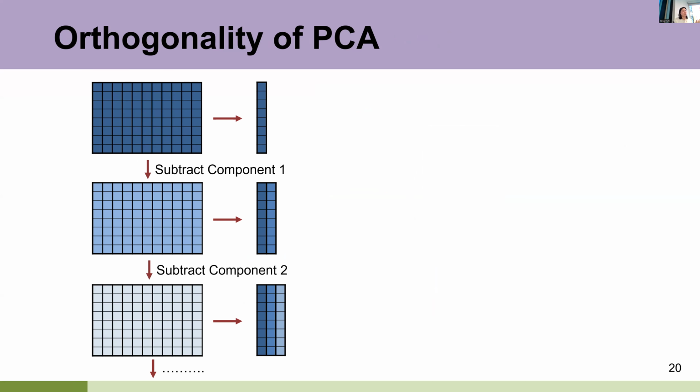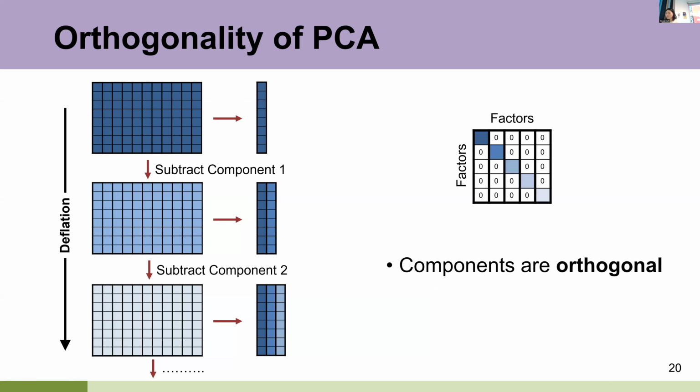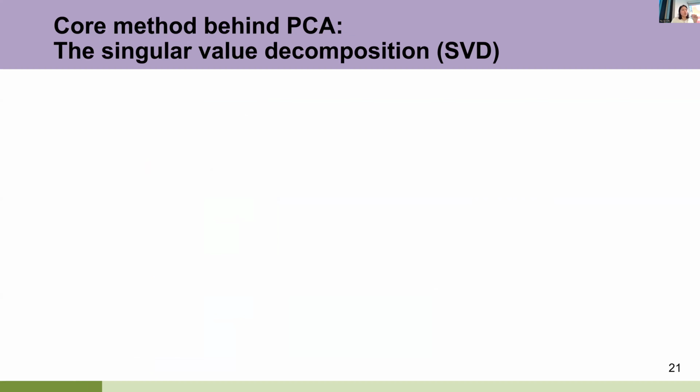That's when people tell you that these components are orthogonal, these components are uncorrelated. It means that they explain different chunks of your variance and there is no correlation between them, so you could explain them independently. This step of PCA is a deflation and the components are orthogonal. Are there any questions so far with how PCA works?